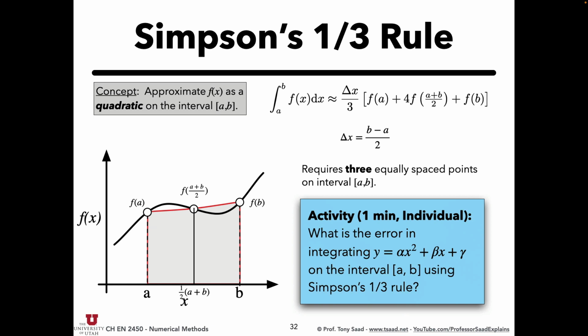You could do this by integrating this analytically by hand and then applying Simpson's 1/3 rule and taking the difference. Or you can reason about it. So Simpson's rule, what does it do? What is it trying to fit between points a and b?